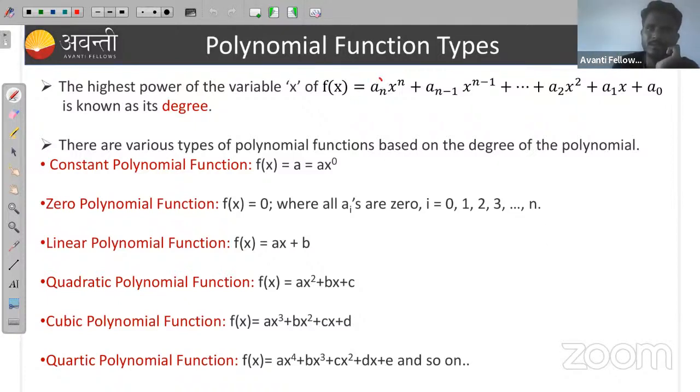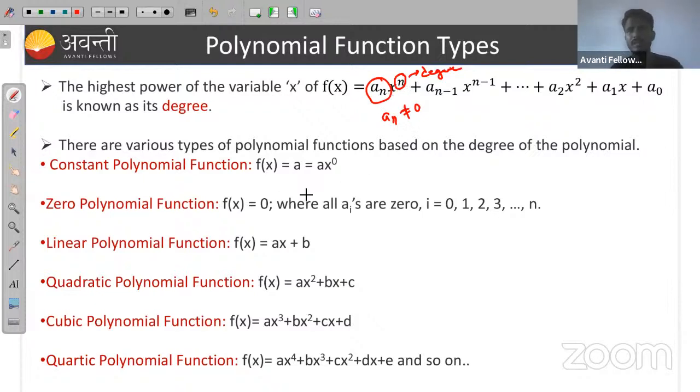If a n is not equal to 0, then the highest degree of this polynomial is n, yes or no? The highest power of the variable is called the degree. This one is the degree. So if a n is not equal to 0, this represents the degree of the polynomial.